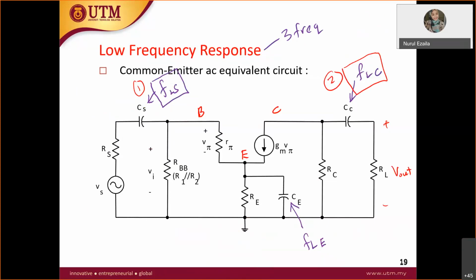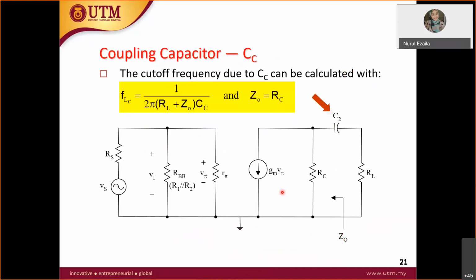What happens if you want to find the frequency referring to CC? All the other capacitors are also shorted. CS is short and CE is also shorted. Therefore, you need to redraw the circuit. CS and CE are short circuit, therefore RE is also short circuit.